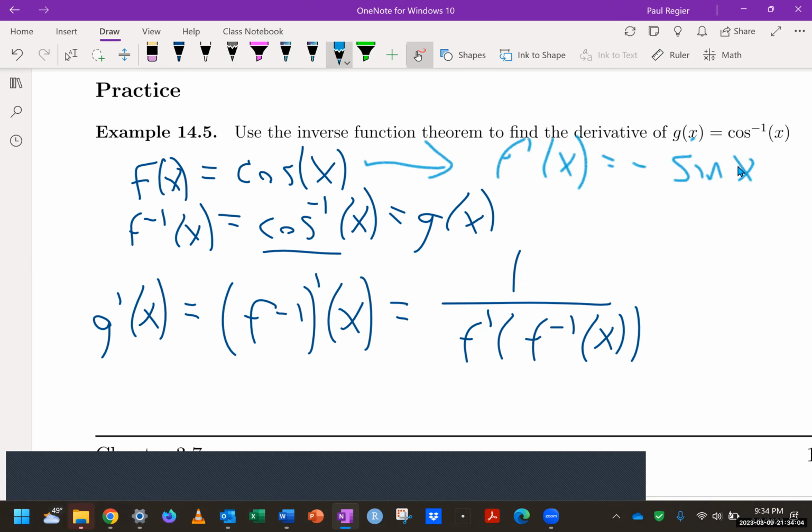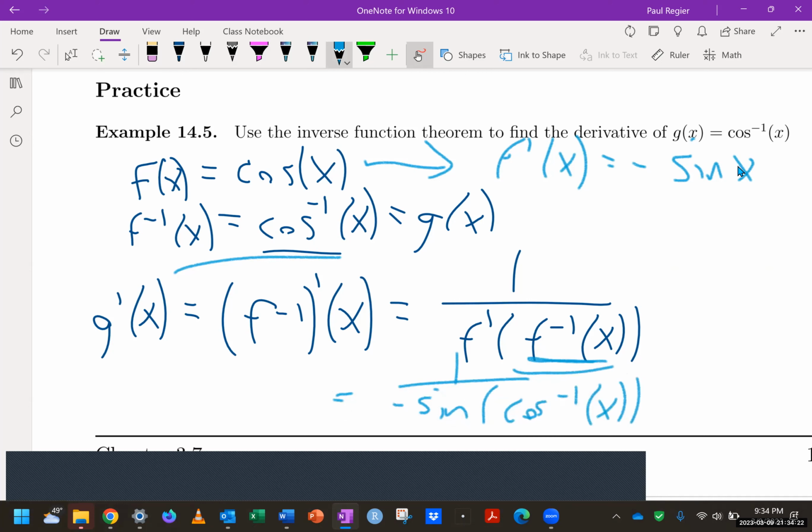That's good. So what we're looking for is 1 over negative sine of f inverse of x. Well, f inverse of x is cosine inverse of x. Okay, so there we go. That's our derivative.